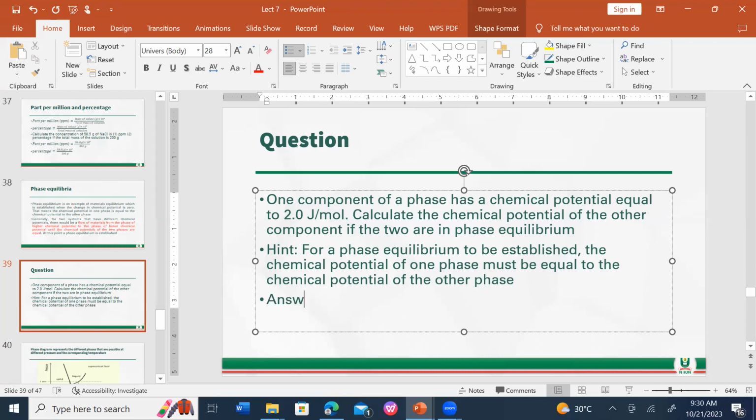So what is the answer? The answer is the same. It's 2.0 joule per mole. That is the same. The answer is the same.